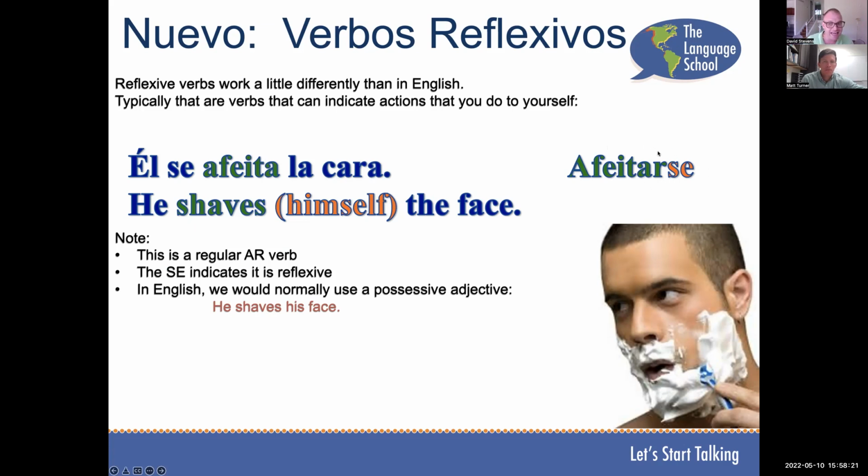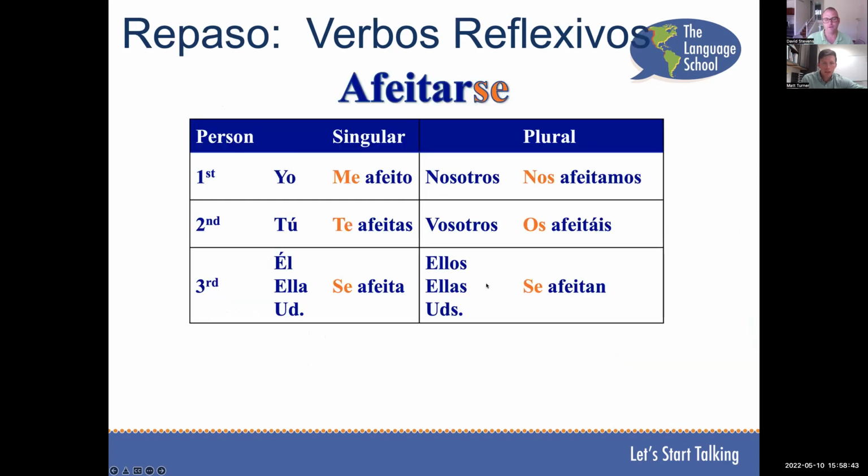It's a regular AR verb, but we have this little SE on the end of it, and that is an indication that it's a reflexive verb. Typically speaking, you're going to use this type of verb with the subject and the object being the same. For now, if you want to start working on these reflexive object pronouns, they're different than the indirect object pronouns we've been working on.